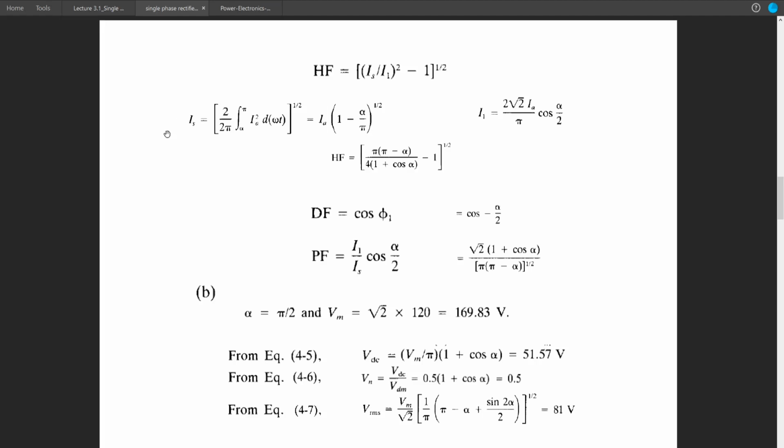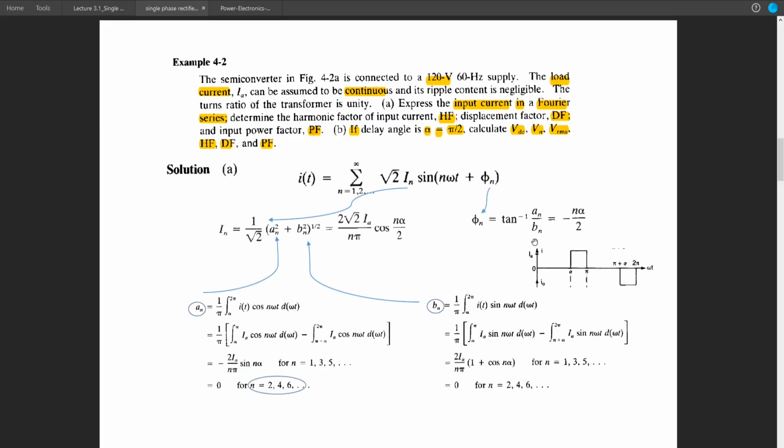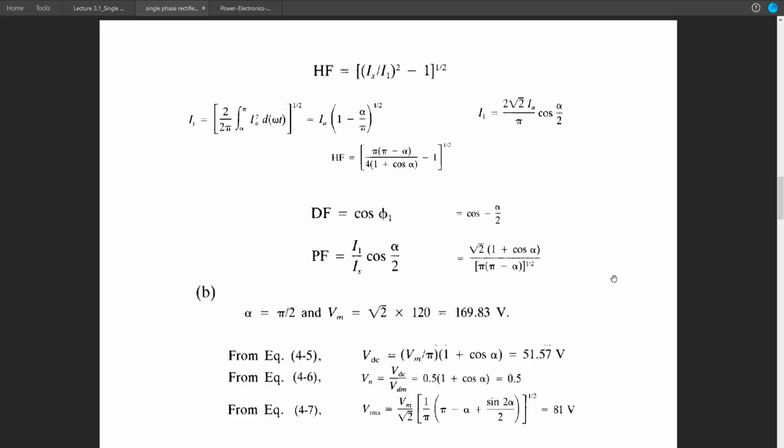So Is is the RMS value of the current, so that includes the fundamental and the harmonic components. The RMS value of the fundamental component is I1. This only contains the fundamental component, not harmonic components. So this Is can be derived simply from this waveform using the RMS formula.